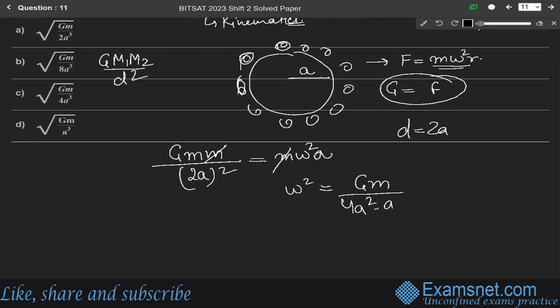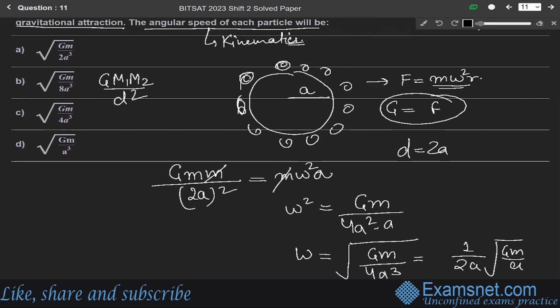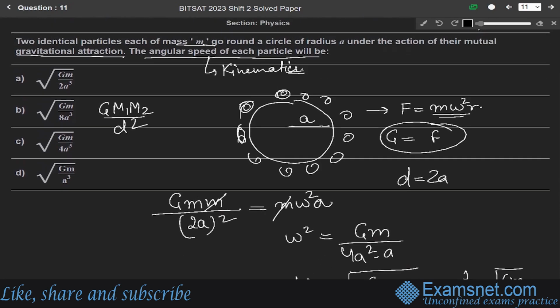So the angular speed omega will be equal to under root of G m over 4a cube. So the correct answer is under root of G m over 4a cube, which means option C is the correct answer.